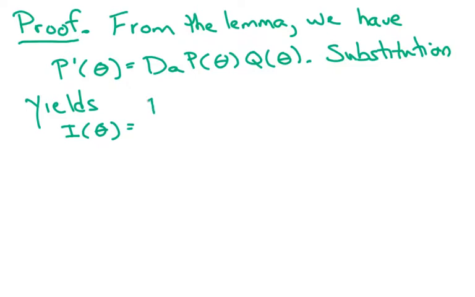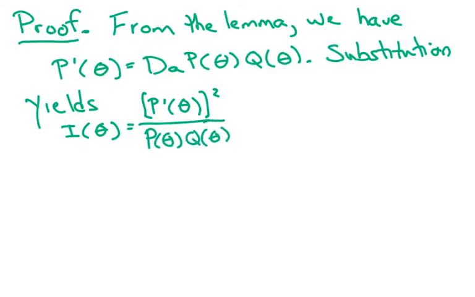Maybe I'll write it again just so we're clear. This is going to be squared, and it's divided by P of theta Q of theta. You can almost just see it right now.